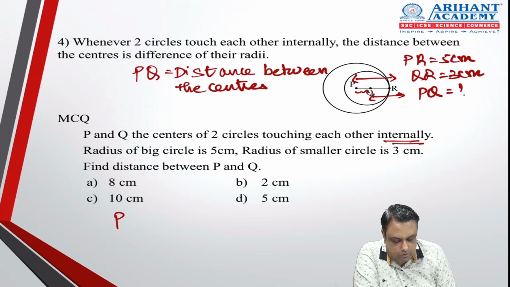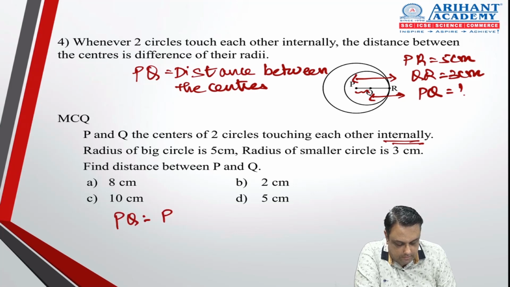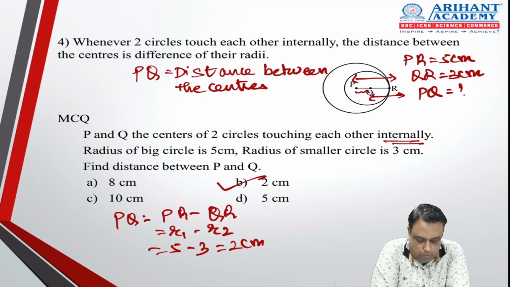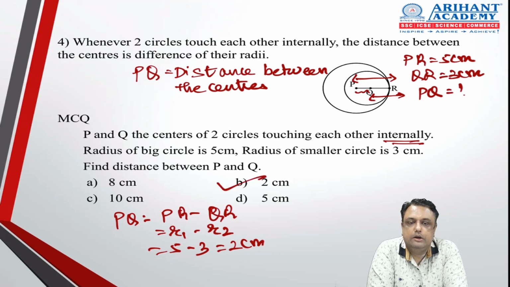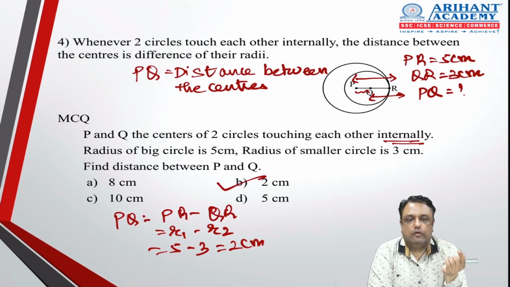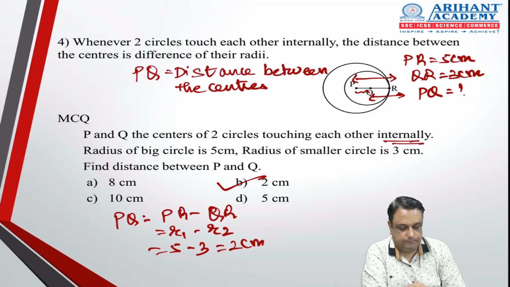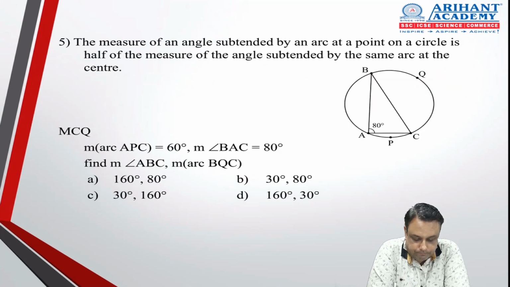We know that PQ is the difference of the radii, bigger radius minus smaller radius, R1 minus R2, 5 minus 3. That is 2 centimeter. So the answer will be 2 centimeter. I hope everyone understood this. Whenever it is externally, the distance between the centers will be R1 plus R2. Internally, R1 minus R2.